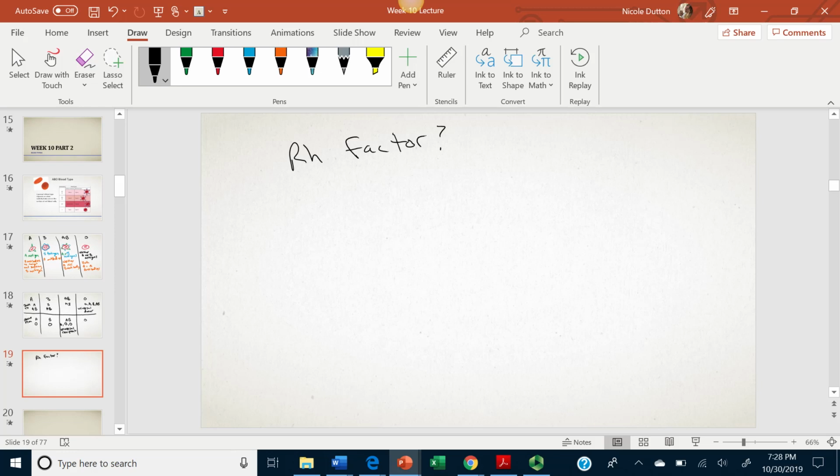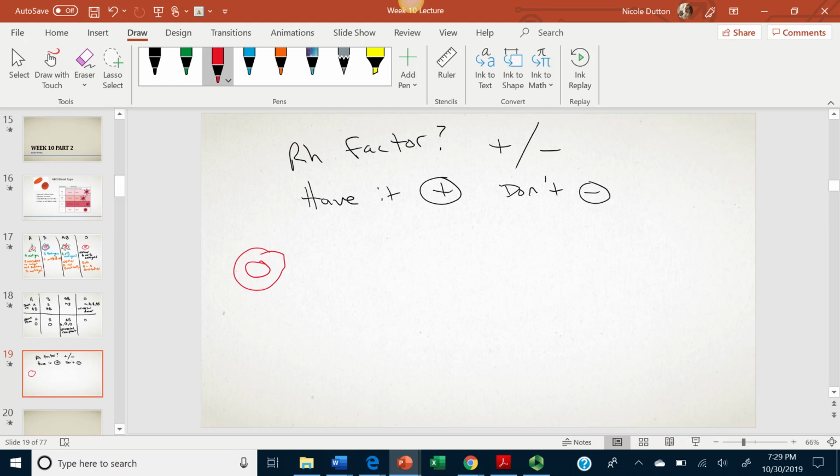The Rh factor has to do with the positives or the negatives of the blood type. If you have the Rh factor, that means that you are positive. If you don't, that means you're negative. And all that is just an extra protein that's on the surface.